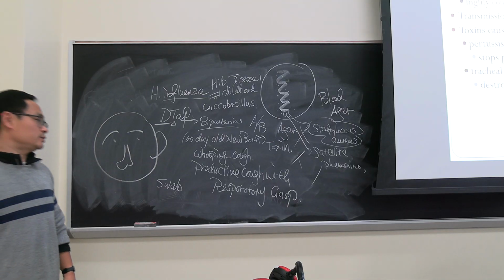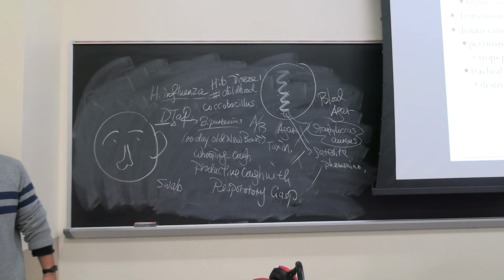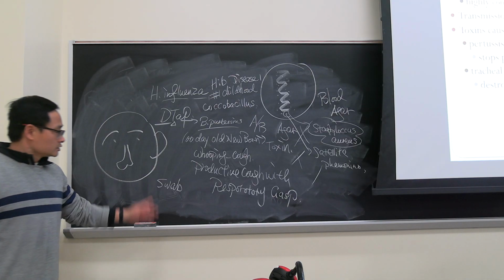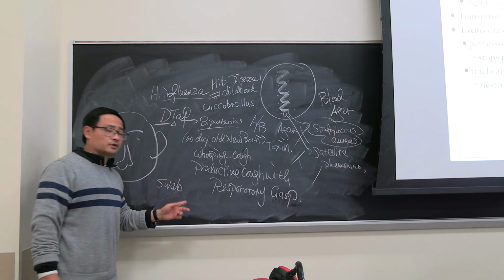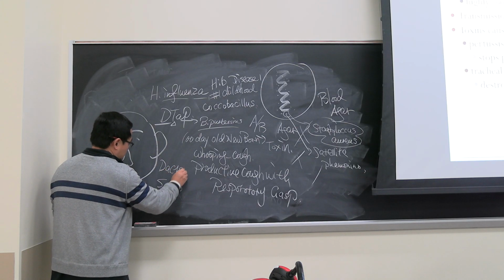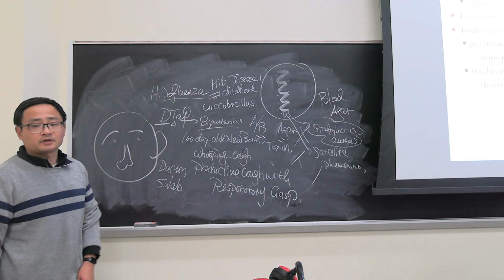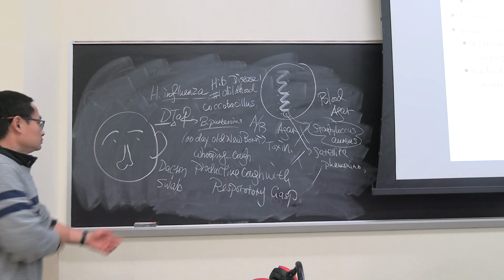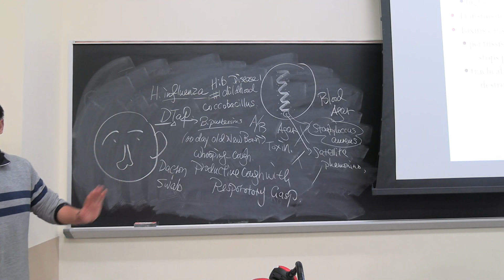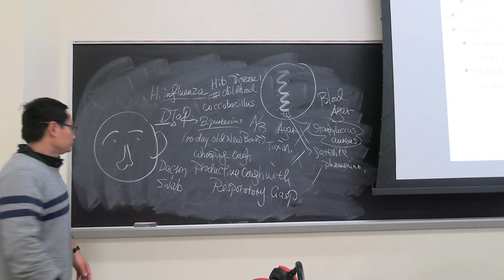That swab is not a typical cotton swab, because research has shown that if you use a cotton swab, it's not very successful in getting isolates. The material is very special. We call it a Dacron swab. We're going to go into the nose, but how deep is it supposed to be?